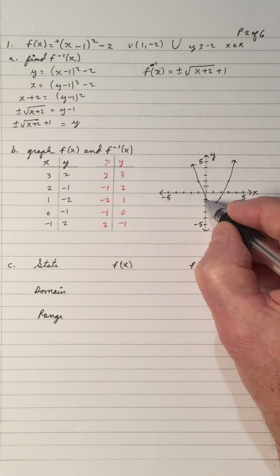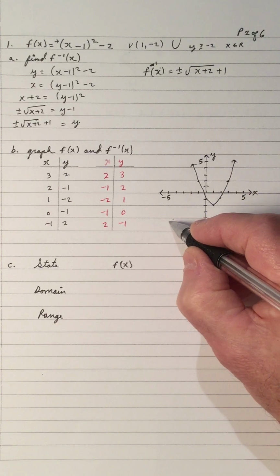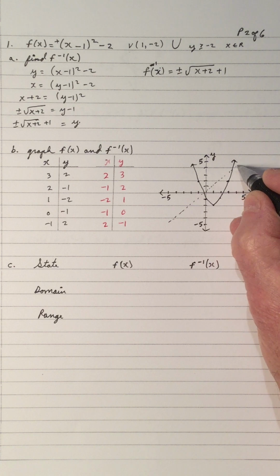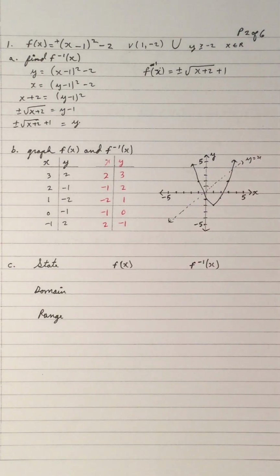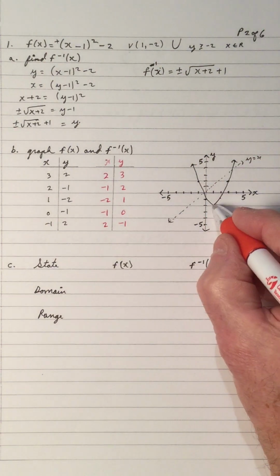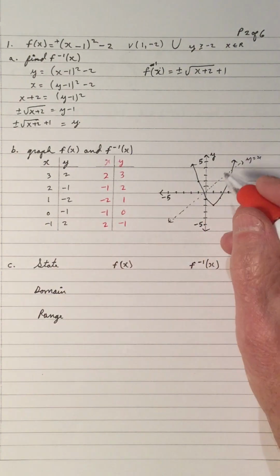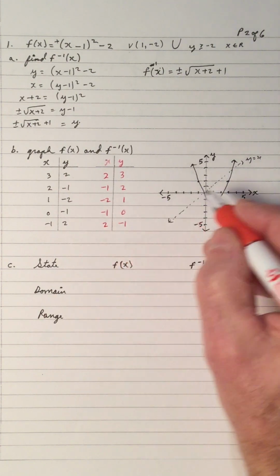Now we graph its inverse, and the inverse is the reflection in the line y equals x. This is the line y equals x. So I'm going to do the inverse in red. So we have right here the vertex, which is negative 2, 1.